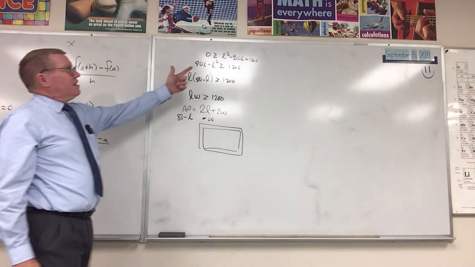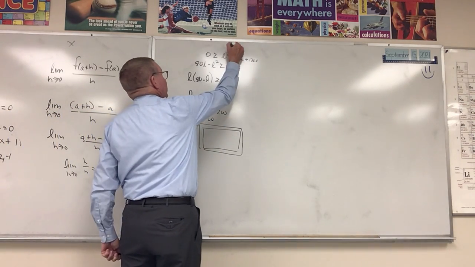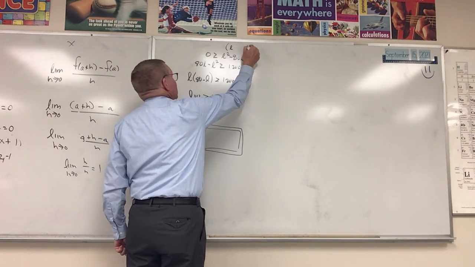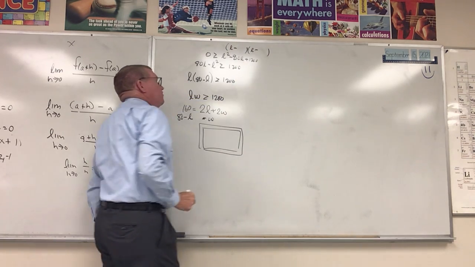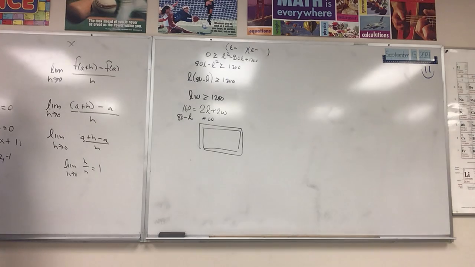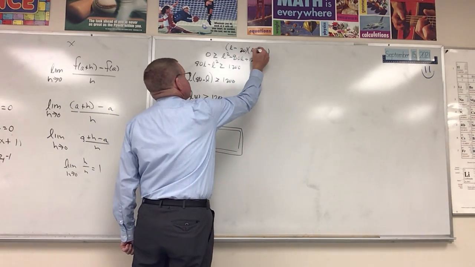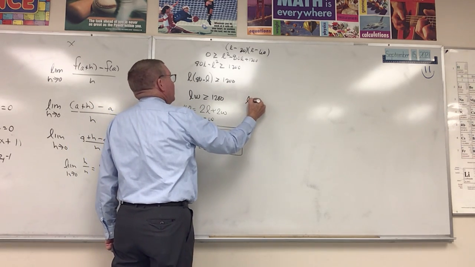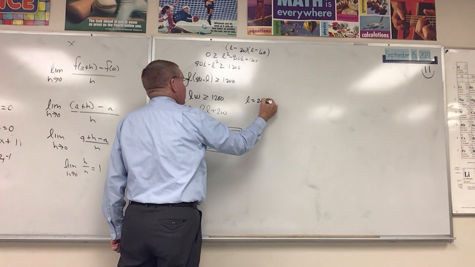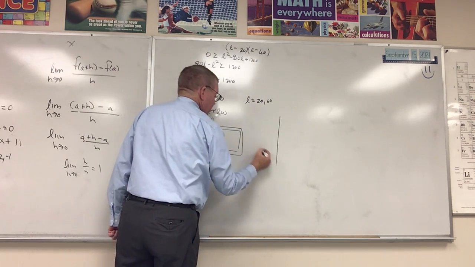Alright, so here's my quadratic equation. If I solve by factoring, what factors of 1,200 will add up to equal 80? 60 and 20. So therefore, L equals 20 and 60. So this is what my equation looks like.